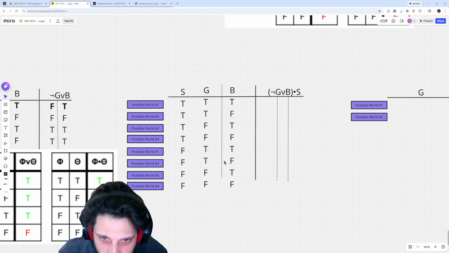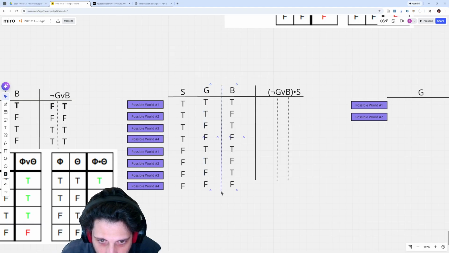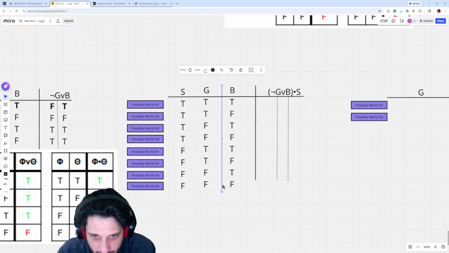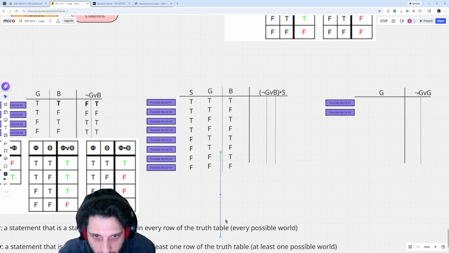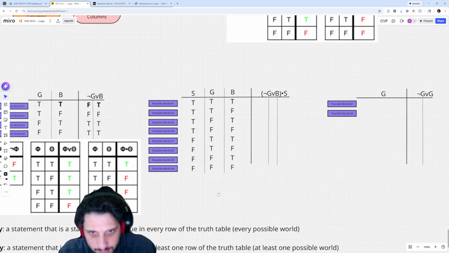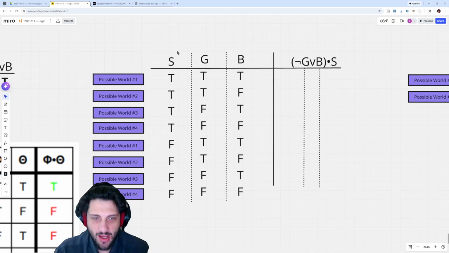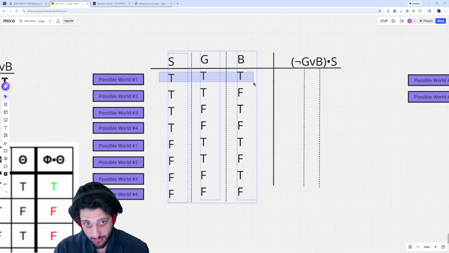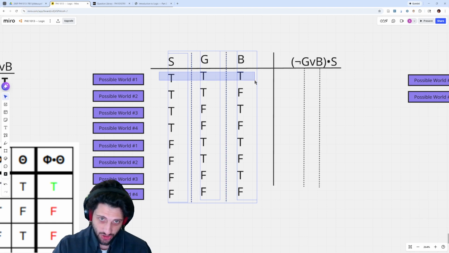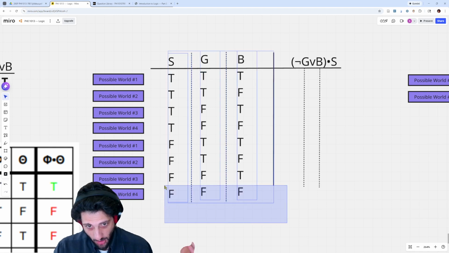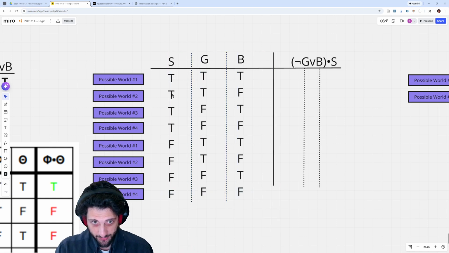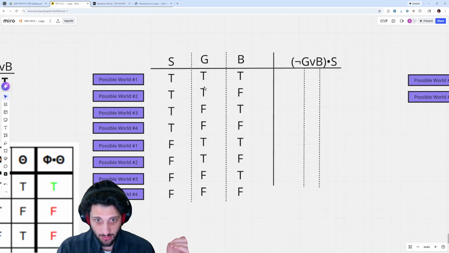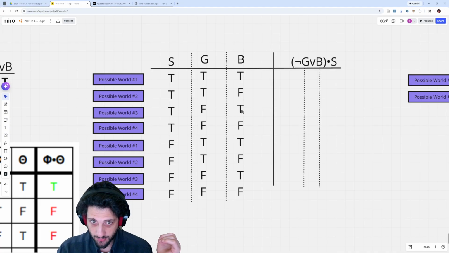So let's review these to make sure we see what's going on. We have the world where all of them are true, S, G, and B. We have the world where all of them are false. We have the worlds where S and G are true, where G and B are true, where S and B are true, where just S is true, just B is true, just G is true.